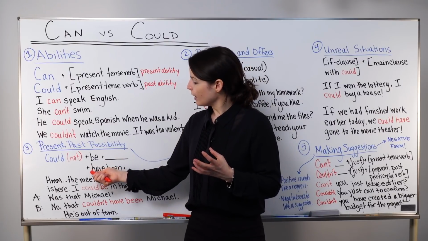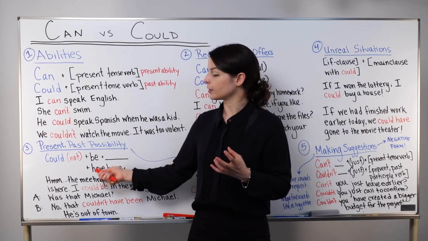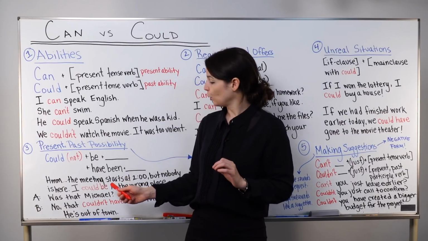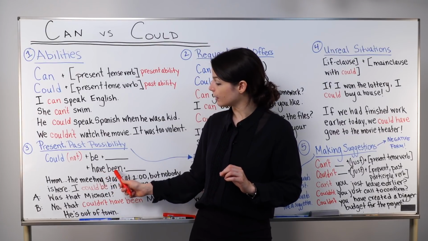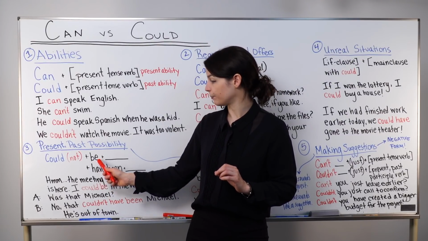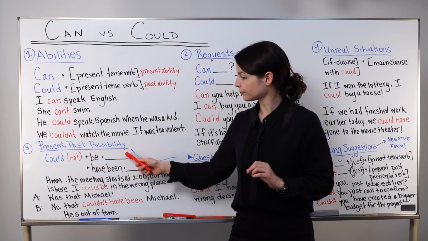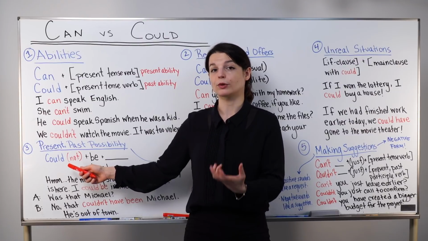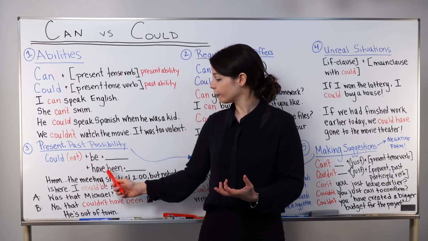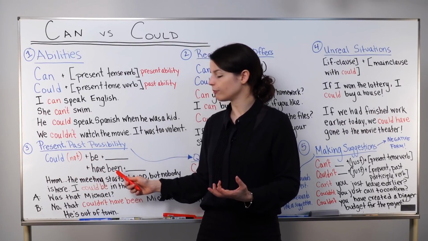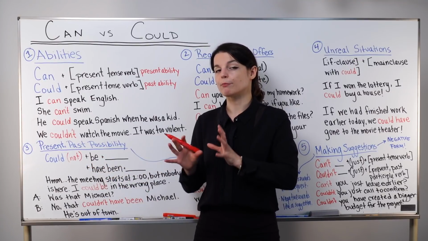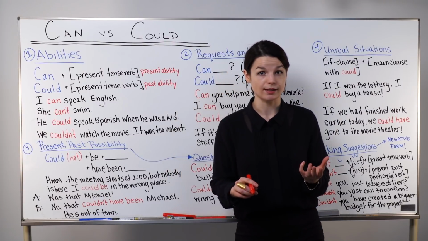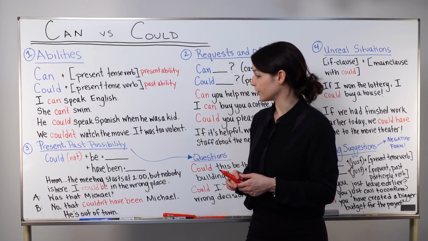So when we make a past tense possibility statement, we follow a similar pattern, but we use have been instead of be. So this pattern is our present tense possibility statement, a present situation. Have been, this could have been pattern, refers to a past possibility. So let's take a look at some example sentences that use these patterns.